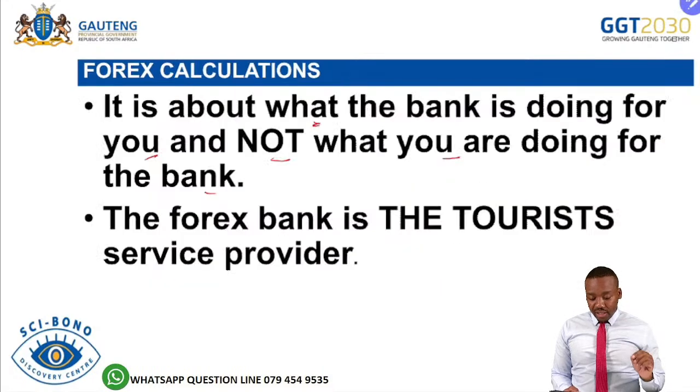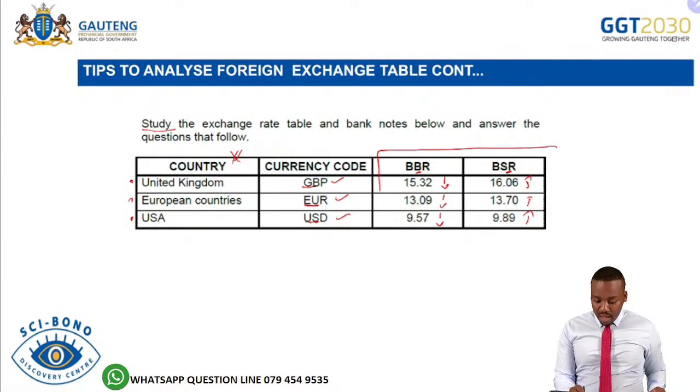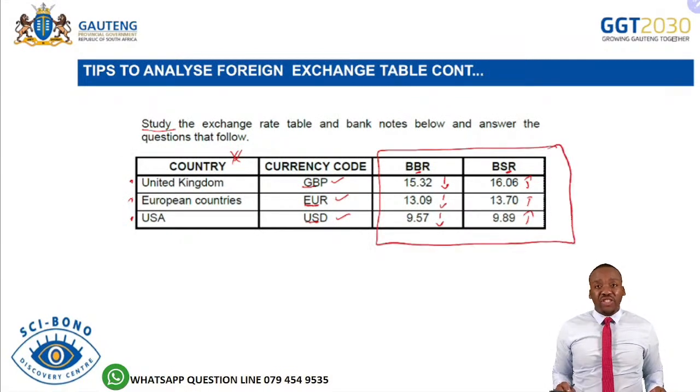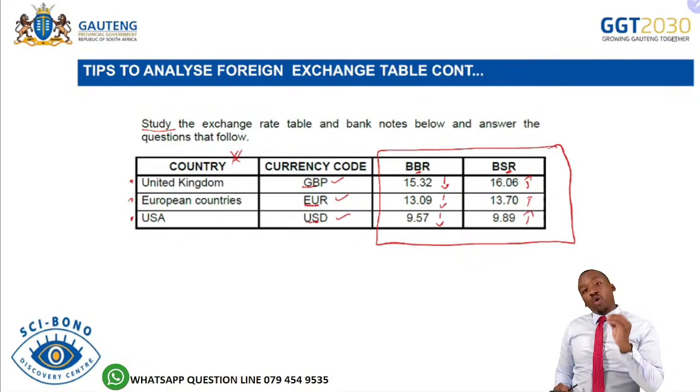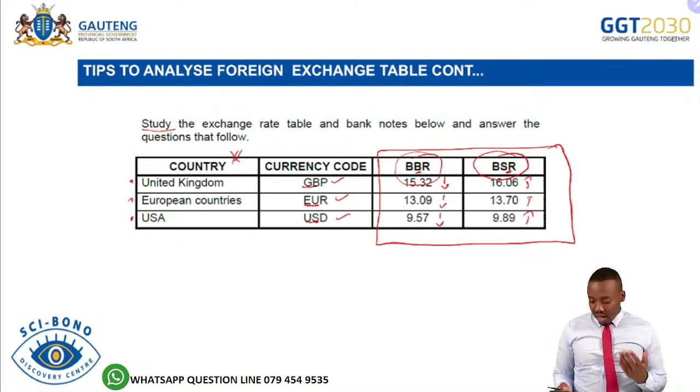Which exchange rate? This will be our exchange rate, depending on the scenario that you are going to be given. You'll either be using bank buying rate or you'll be using what? Bank selling rate.